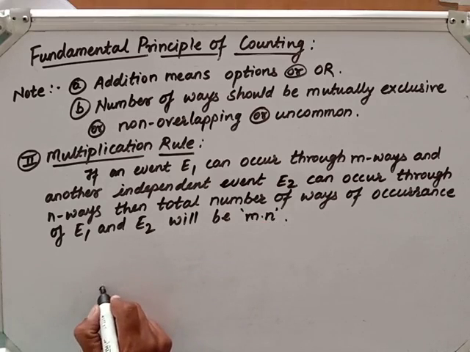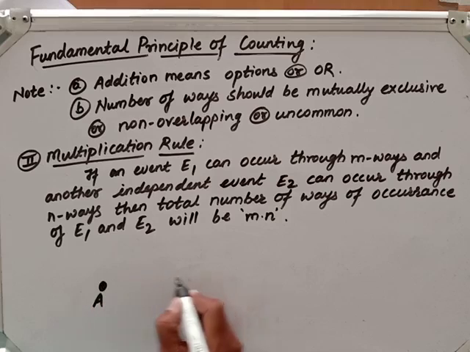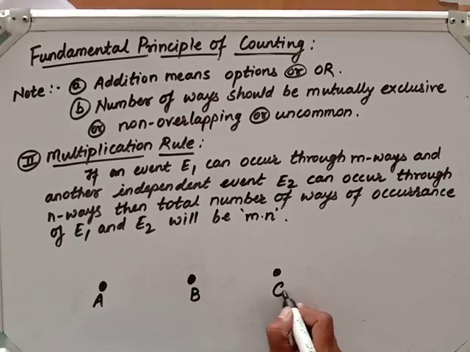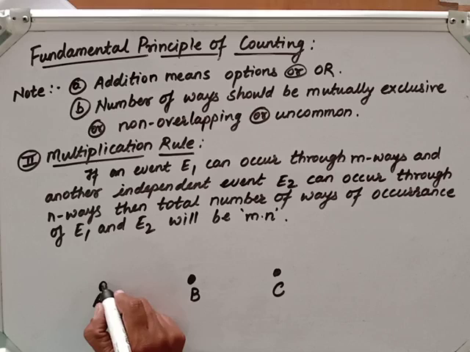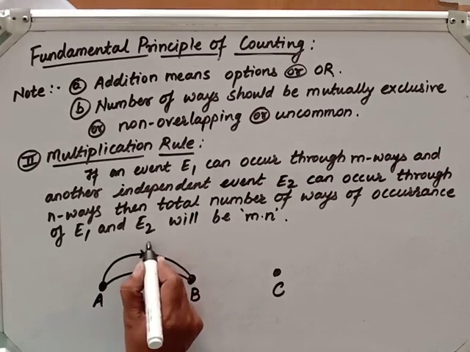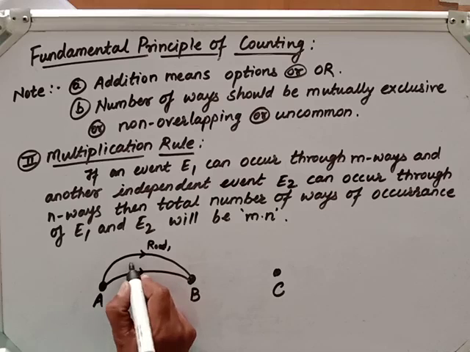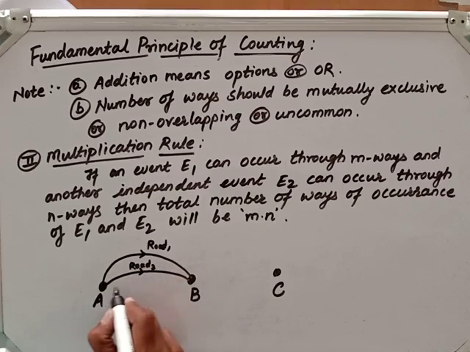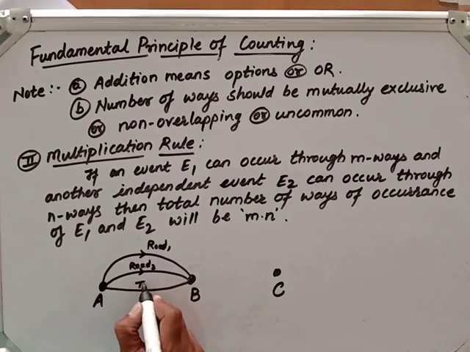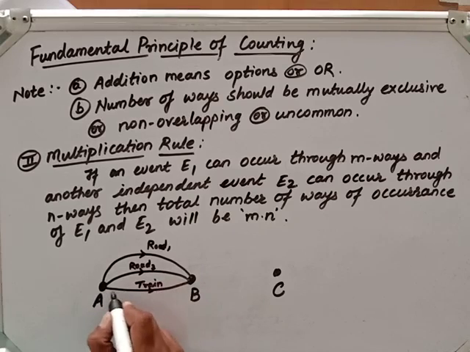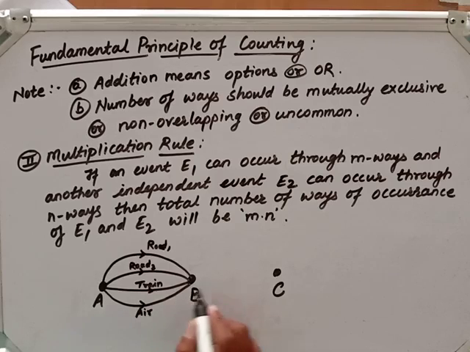Now suppose here city A, here city B, and here city C. These are cities. Now suppose here again the same thing: two roadways, road 1 and road 2, a trainway, and an airway.